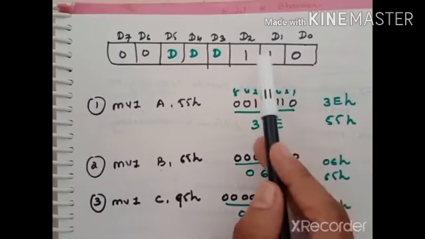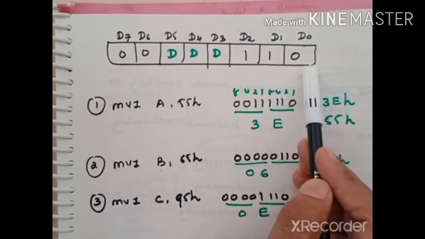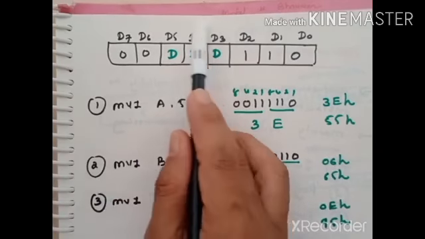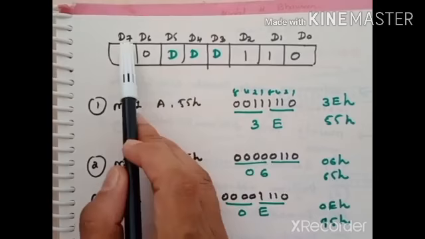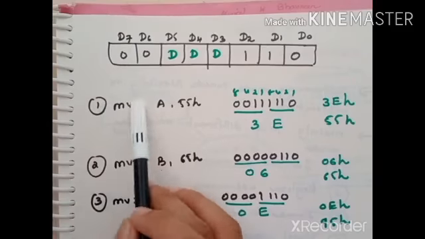Then D0, D1, D2, these 3 bits are fixed at 110. Then D3, D4 and D5 are used for the destination register, and the D7 and D6 bits are fixed 00 for the MVI instruction.